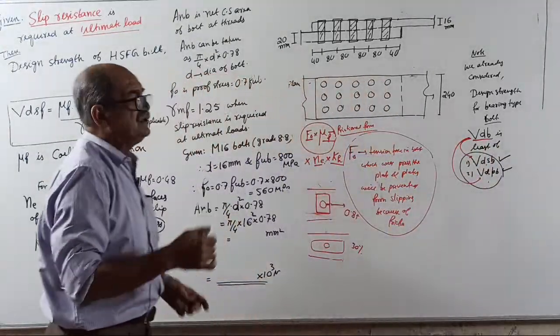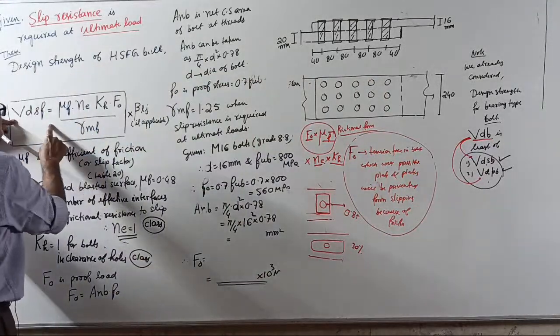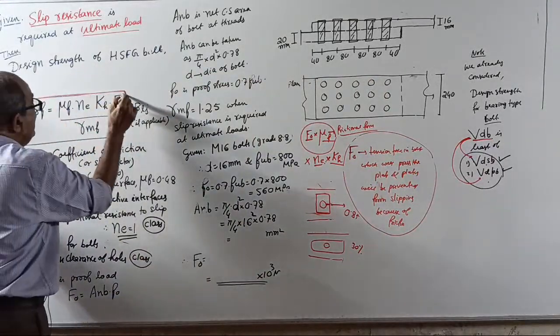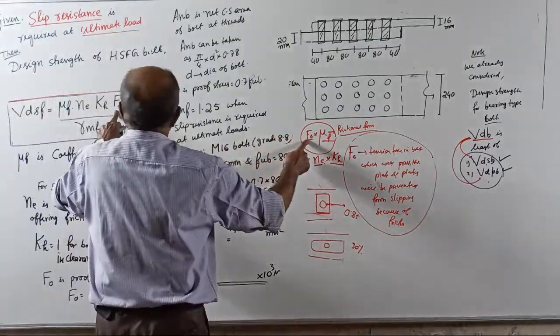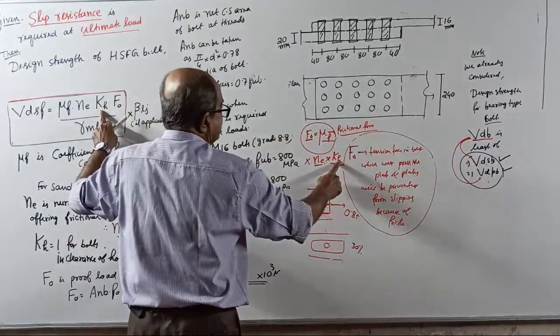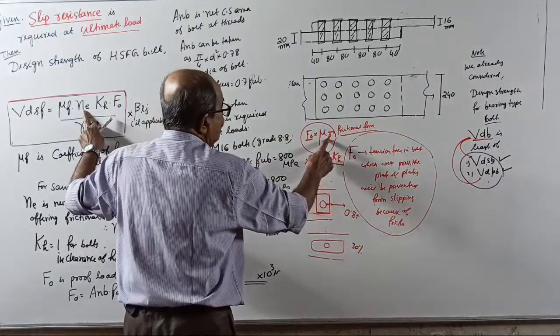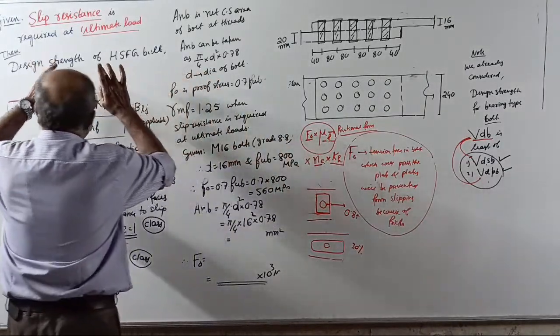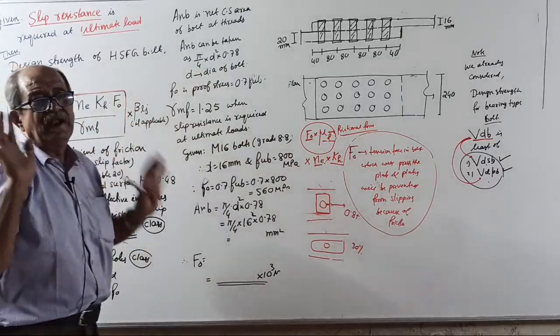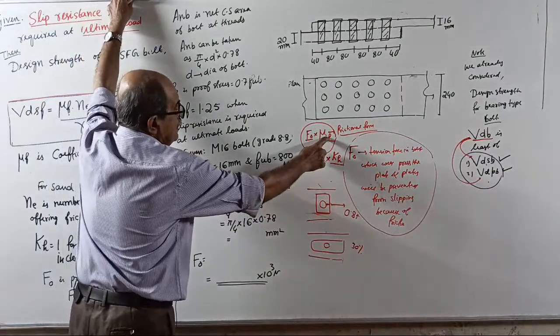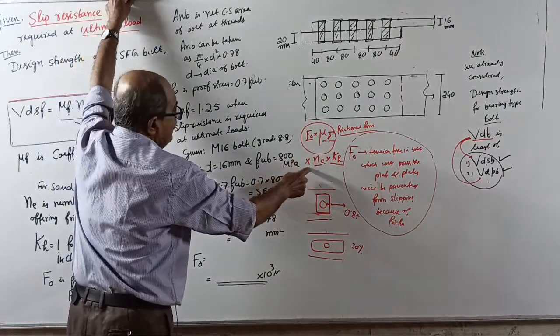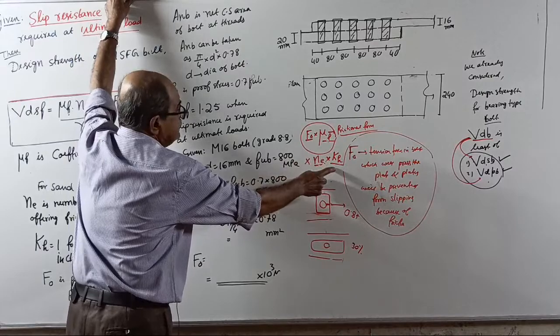For friction bolt, new name, VDSF. I wrote F naught, KH, NE, mu F in the way IS code has given. IS code told first mu F, then NE, then KH, then F naught.